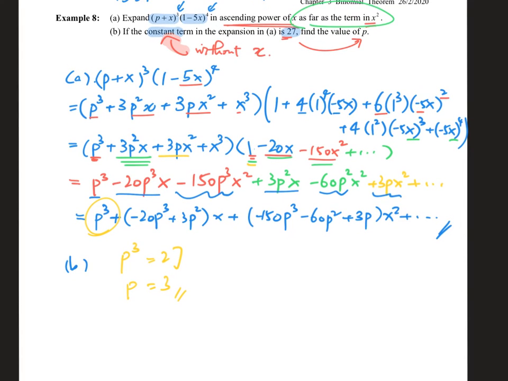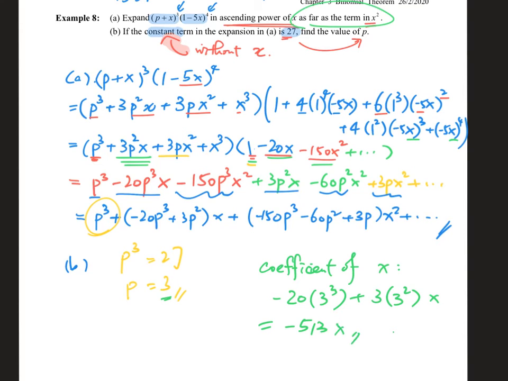Sometimes in the exercise or examination, we may be asked a question like the coefficient of x. So after you've got p is 3, we have minus 20 times 3 cubed, plus 3 times 3 squared, which gives you minus 513x.